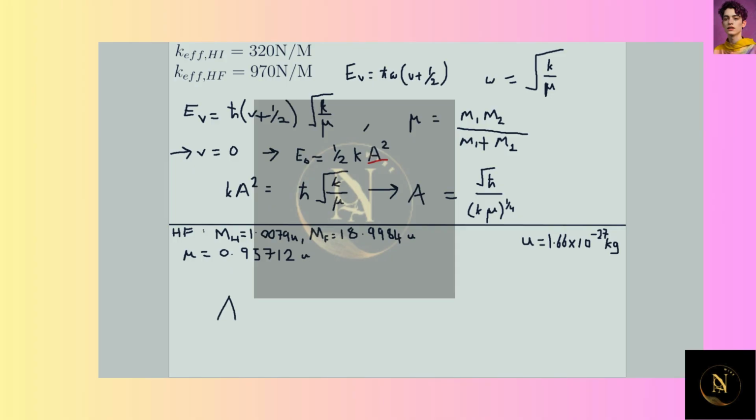So plugging into our equation for the minimum amplitude, we get A equals, again, root h bar, which is 1.055 times 10 to the minus 34 joule seconds.